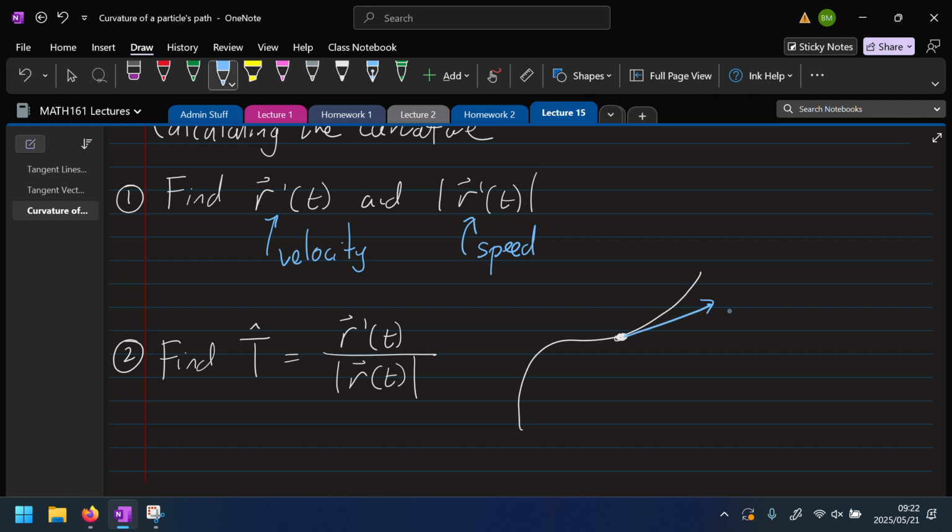If you've got the velocity vector v, and you divide by its length, you're going to get the unit vector in that direction, v hat. So this has length 1. Okay, so that's step 2. You find the unit tangent vector, so that is the velocity vector divided by the length of the velocity vector.